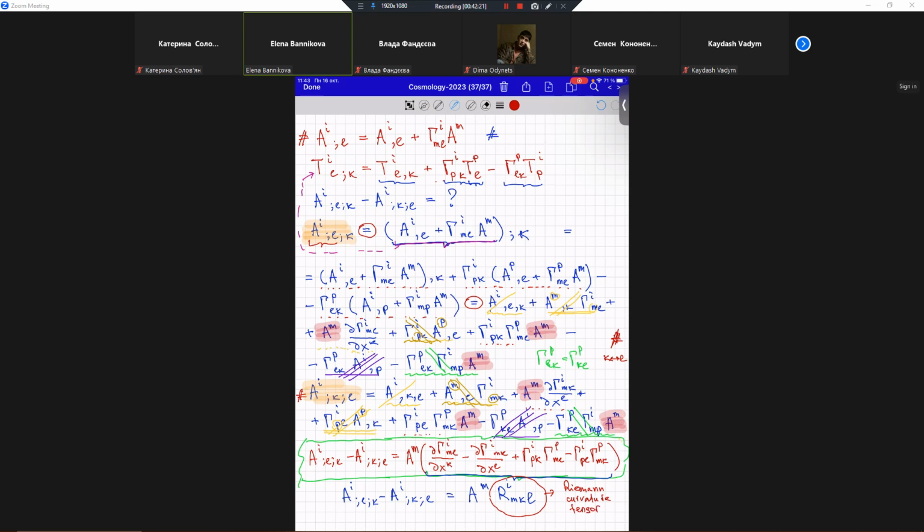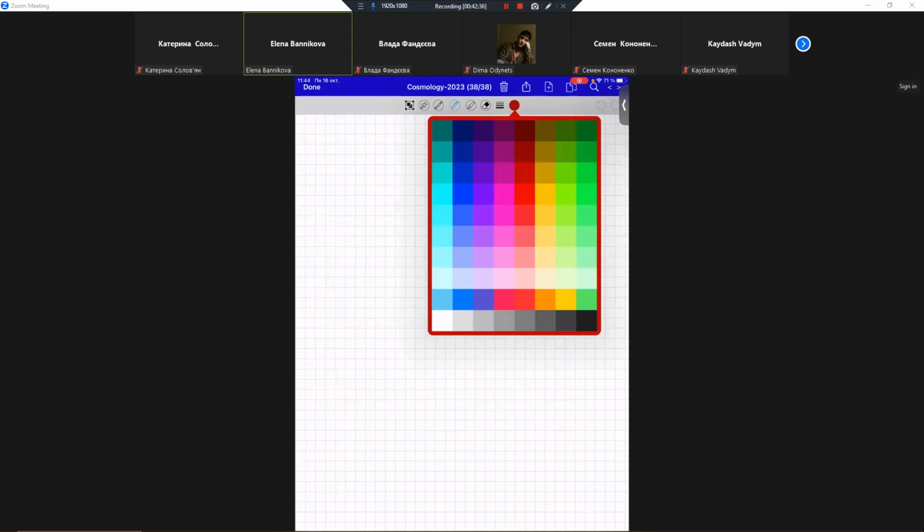You can rewrite it, and put it in your conspect. I can put it on the next page here, because it's important that we will use it.